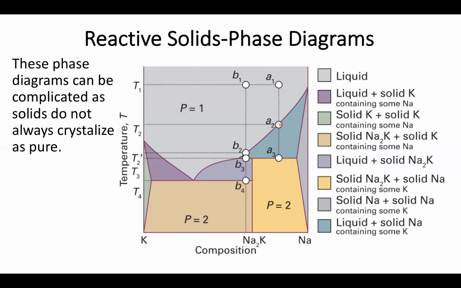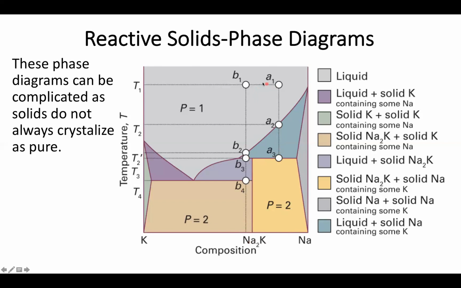I'm going to end up generating some of my contaminated sodium and an increasingly potassium-rich liquid as I get cooler and cooler, until we reach this rather interesting point where I reach the melting point of the sodium potassium, at which point I no longer am generating the potassium-rich liquid. Instead, I'm generating the sodium potassium solid and my contaminated sodium solid. And this is going to continue as I cool it all the way down.